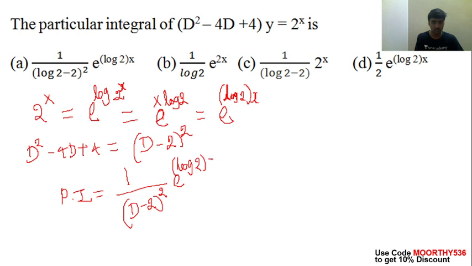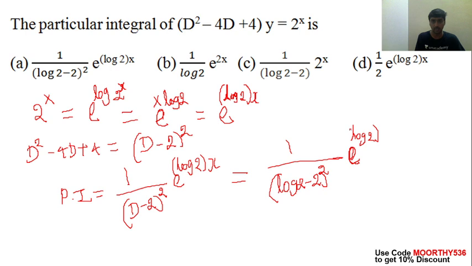The coefficient of x is log 2, that is a. So we are replacing the letter d by log 2. So it's equal to 1 divided by, instead of d substitute log 2, log 2 minus 2 the whole power 2, into e power log 2 into x.